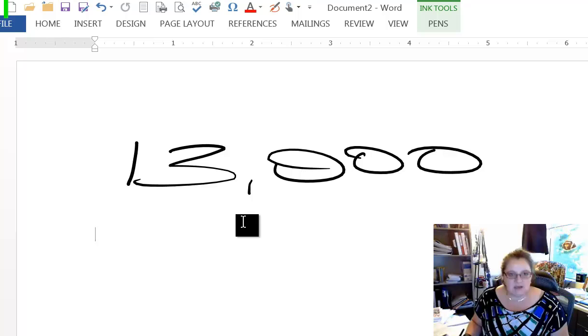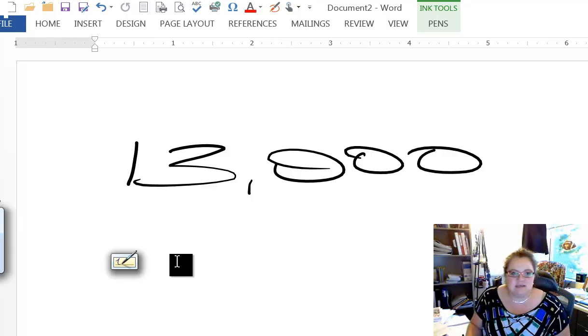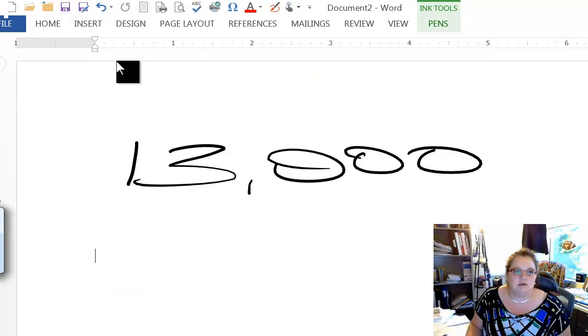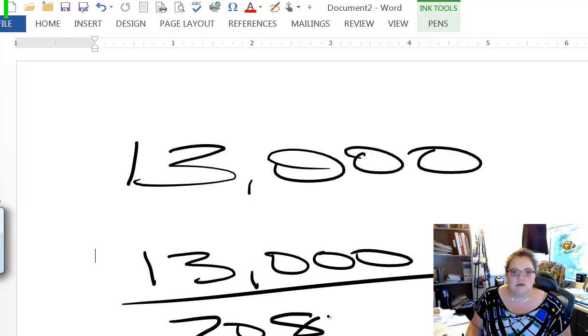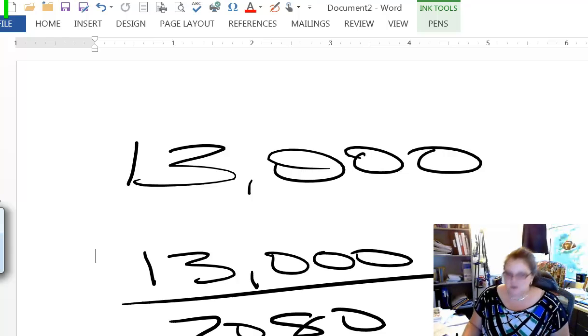So if you want to know how many FTEs that is, you would take the 13,000 divided by 2,080. I have my trusty little calculator here, 2080. That would be the equivalent of 6.25 FTEs.